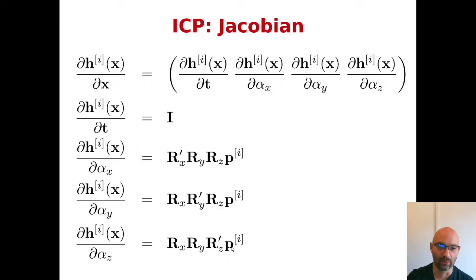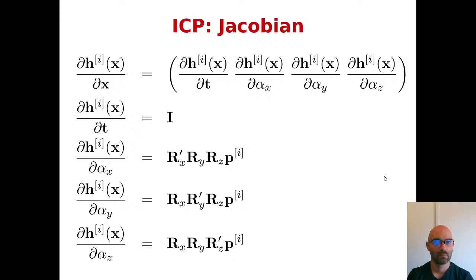And equivalently for the z. Observe that these three elements are dimensionally consistent, because this is a vector. Here I have three by 3 matrices that are multiplying each other, which are multiplied by a vector, and the result is a 3D vector. And this is consistent with the location of these 3 vectors in the Jacobian.